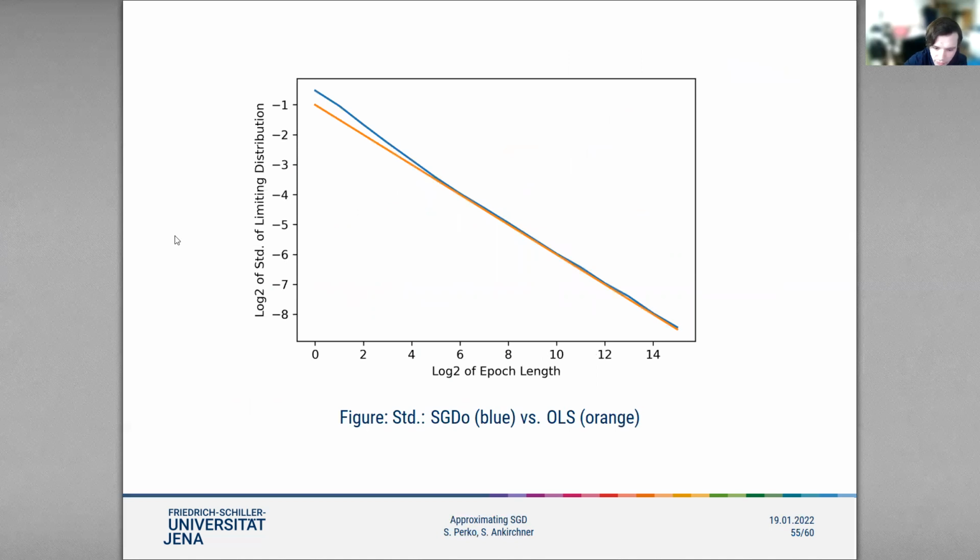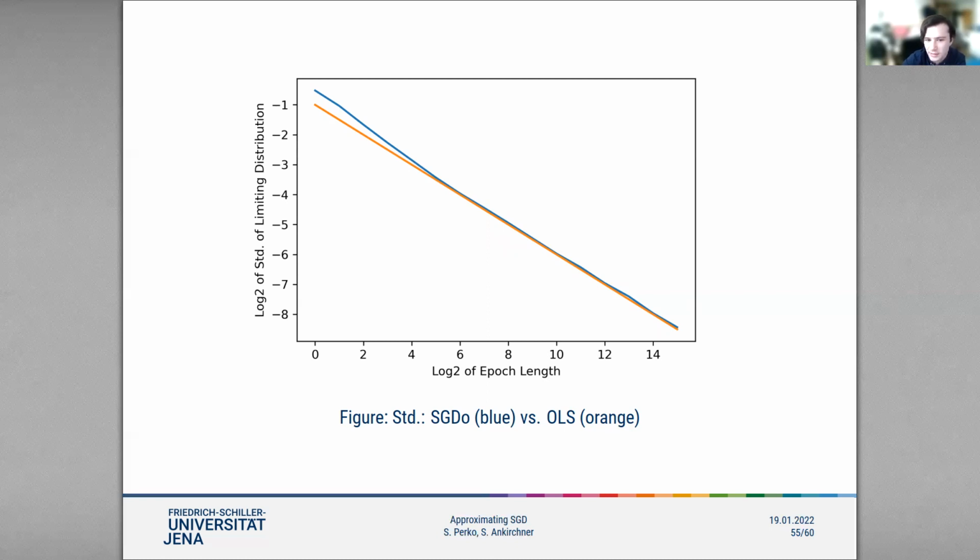We've seen that the limiting distribution of this diffusion approximation has the same mean and variance as the OLS estimator, so we expect the same would be true for the SGDO process. Here we compared the limiting distribution of the SGDO process with the OLS estimator for different sample sizes, and sample sizes also mean epoch length. We can see these are very close to each other.